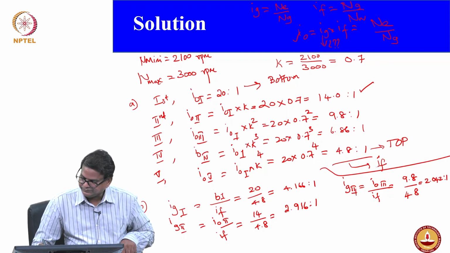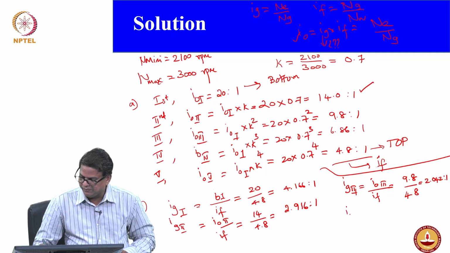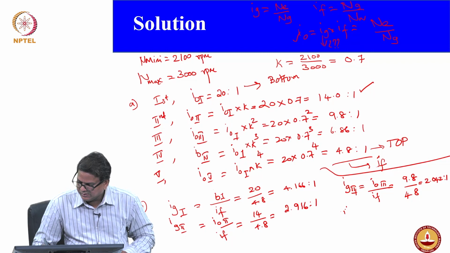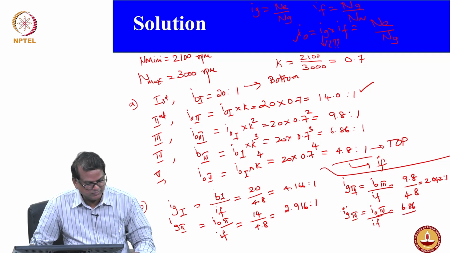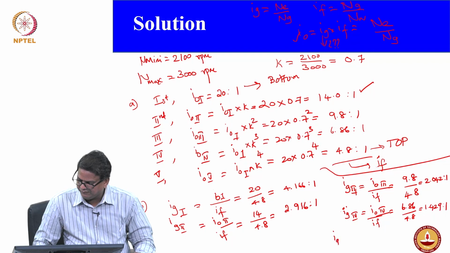Then my Ig4 equals IO4 by If, same way, 6.86 by 4.8 should give me 1.429 is to 1. And my Ig5, 4.8 by 4.8, gives me 1 is to 1.